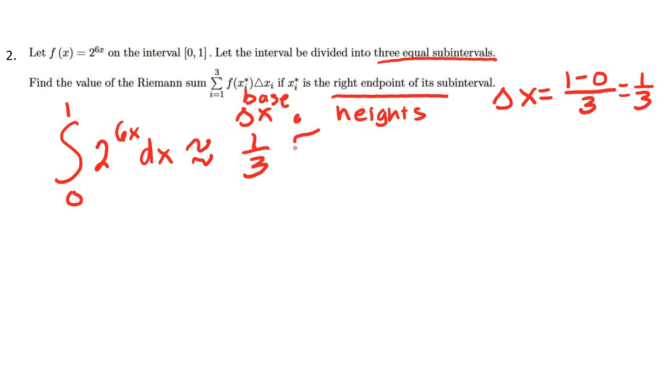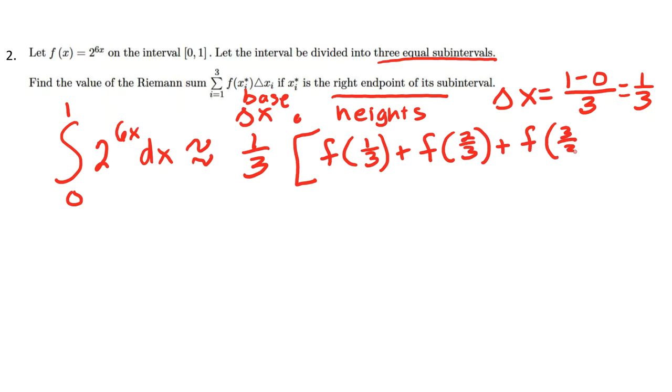So we're not doing an infinite sigma here, we're just doing 3 rectangles, and we're starting at 0, so our first right-hand endpoint would be at f of 1/3, and then the right-hand edge of the second would be, the height would be f of 2/3, and then we jump to the edge here, and the next one will be at our end of f of 3/3, of course that's f of 1.